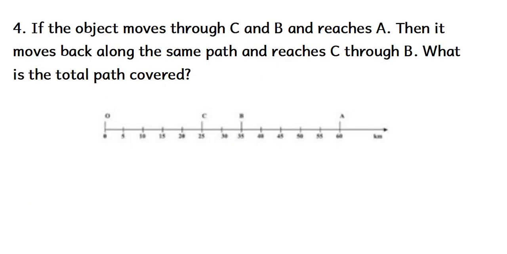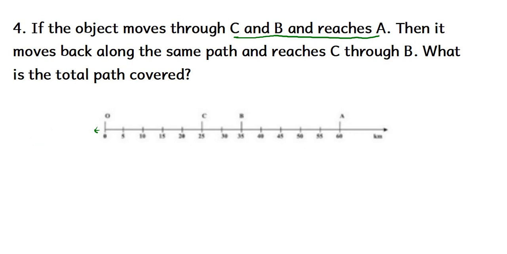Now solving the next question. If an object moves through C and B and reaches A, let us understand from where it has started its journey. In this graph, O is over there. Let us suppose this is the initial point where the journey started.